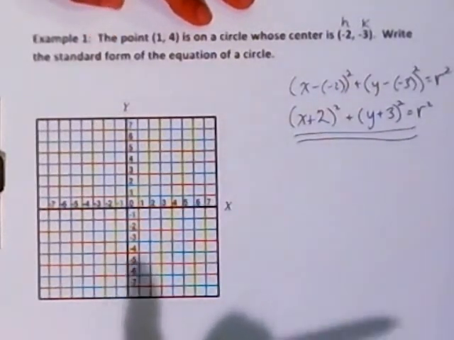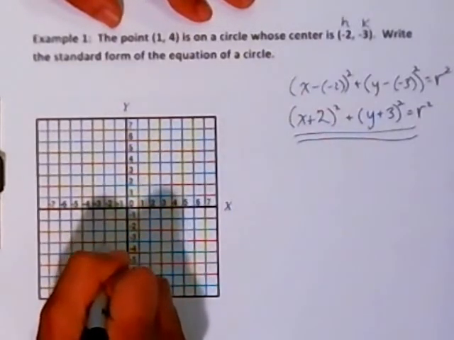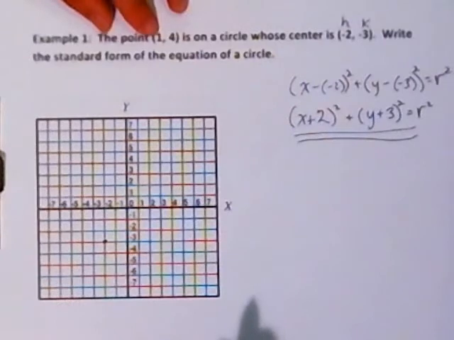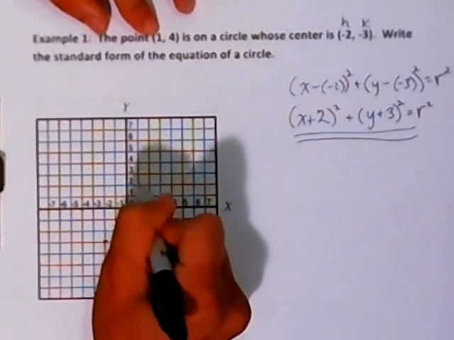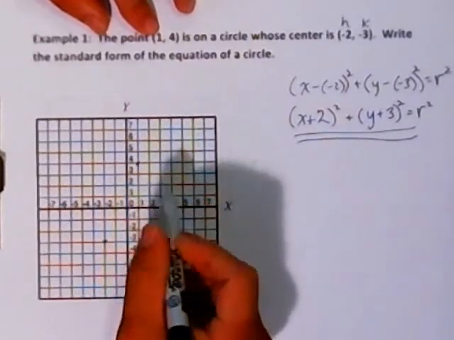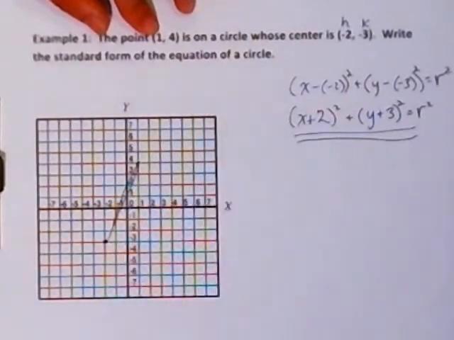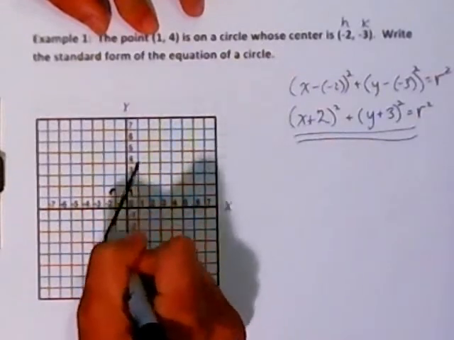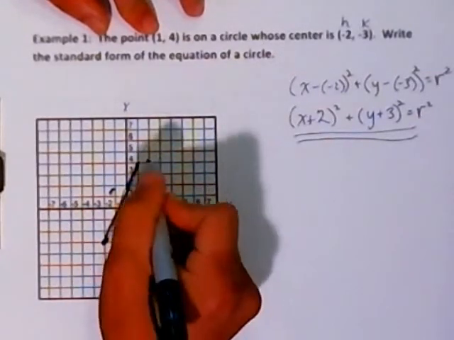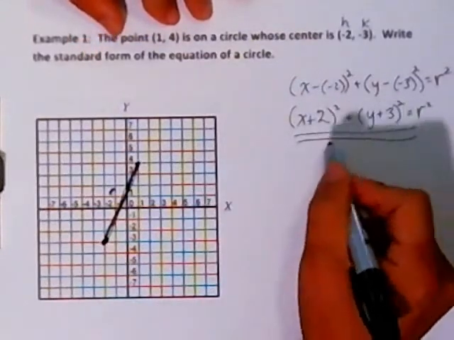Let's actually draw it out. Negative 2 and negative 3. And the point 1 comma 4 is on it. To find this distance r, the book does it a little bit differently than the way I'm going to do it.